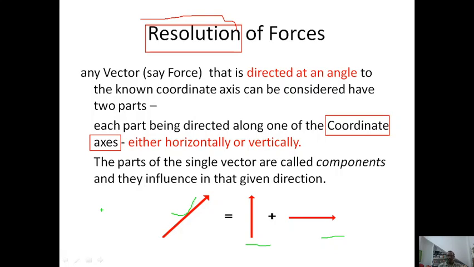You know that if I combine these three, what will you get? I just want to combine these three. So these three forces I am just combining.